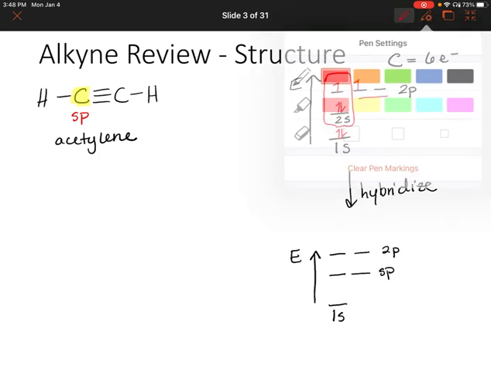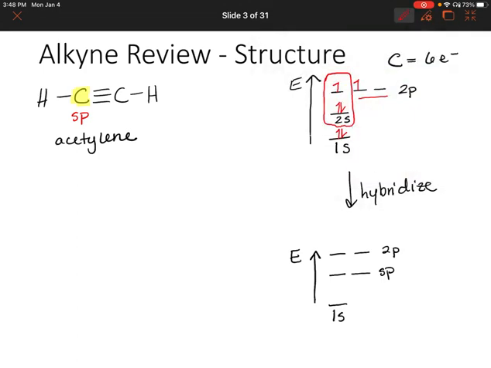All right, so now when we're filling out our hybridized orbital diagram, we still have 2 electrons in the 1s orbital. Those don't get touched. And now we're going to place 1 single electron in each of our other orbitals. So they're all equally spaced out.